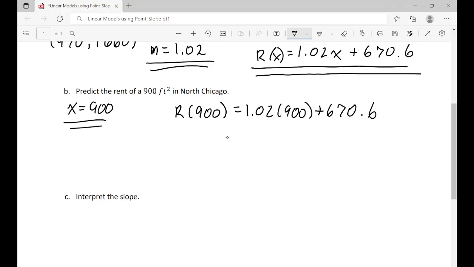And then when I plug it into my calculator, I get back 1,588.6. So the rent will be $1,588.60.